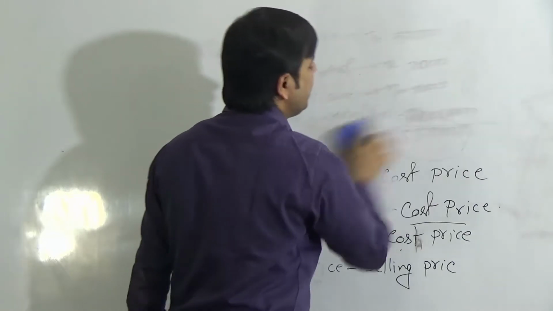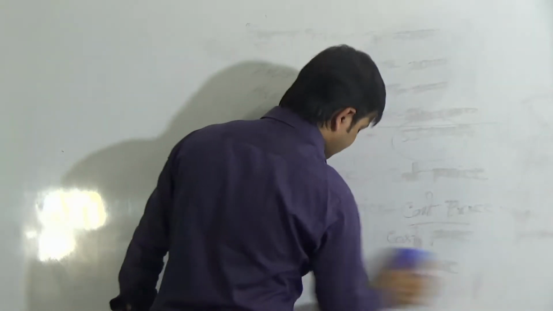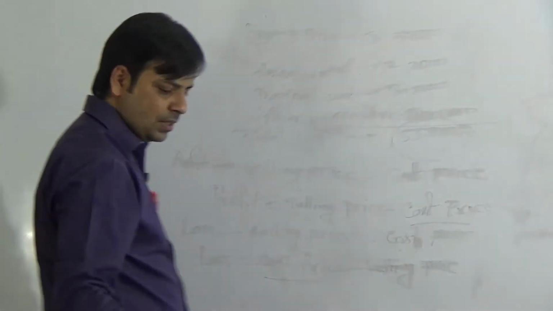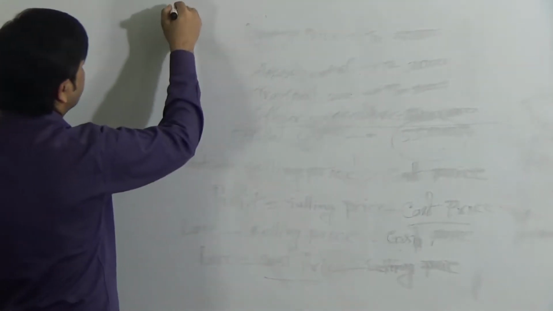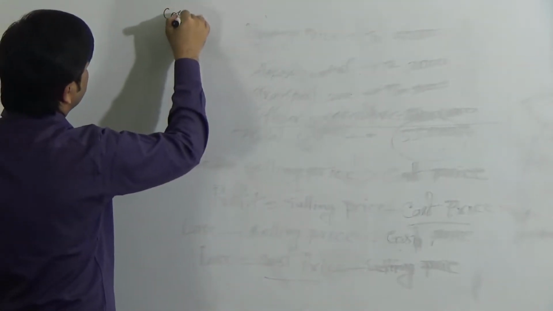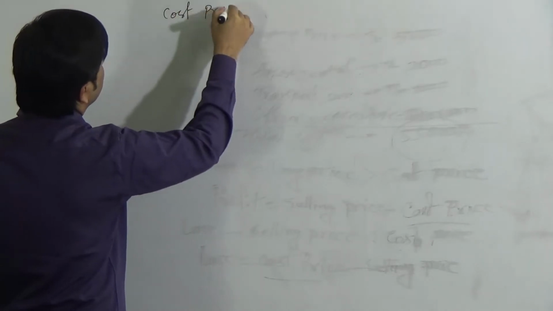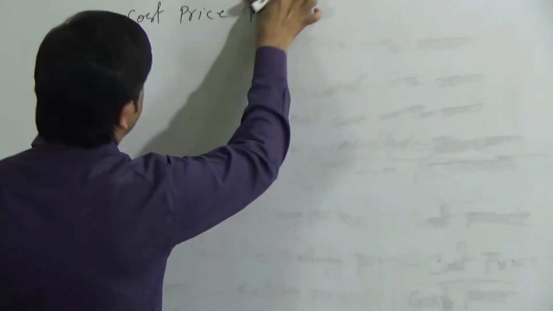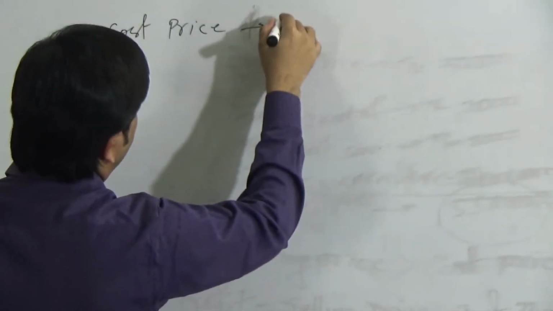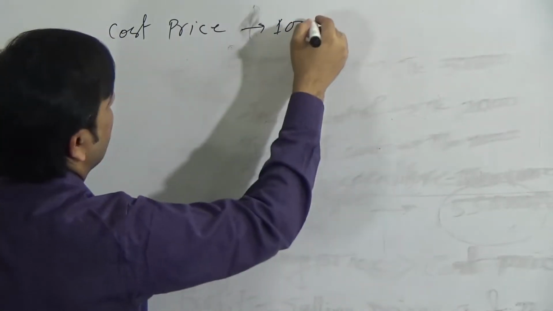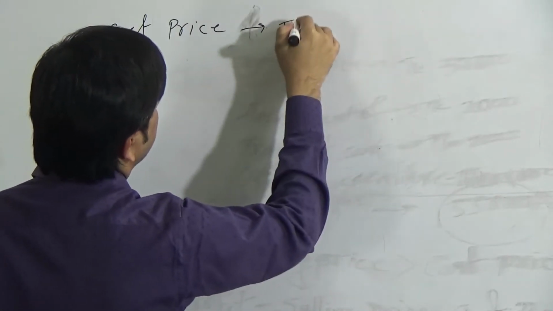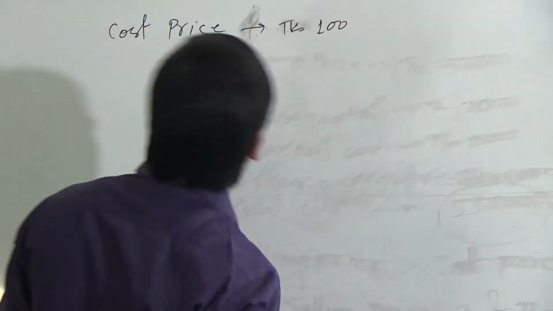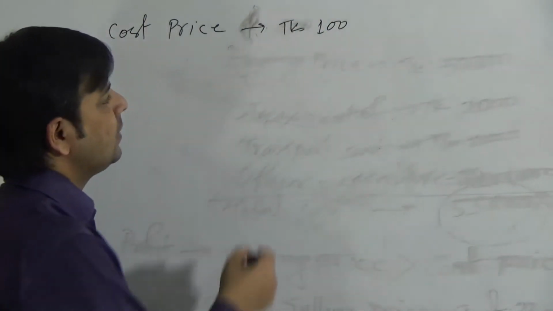Profit or loss in percentage. Suppose the cost price of a commodity is 100 taka.